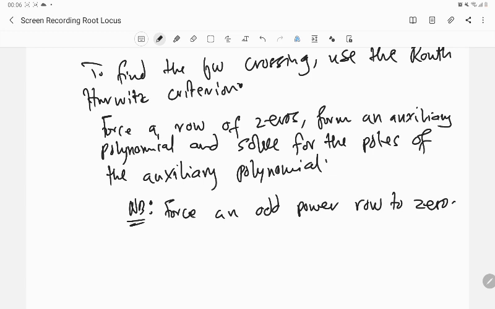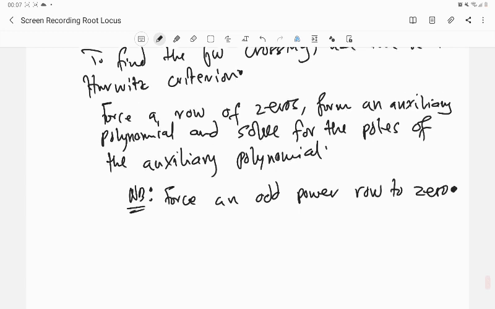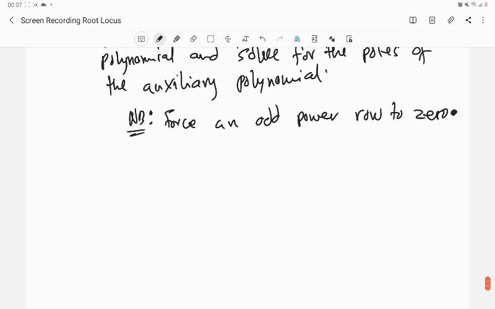Once you do that, the auxiliary polynomial is going to be an even polynomial, and then you solve it to find the complex roots. Those complex roots will give the crossing point, and you can use that as your j omega crossing point. I think it's better to illustrate this with an example. So let's look at an example.